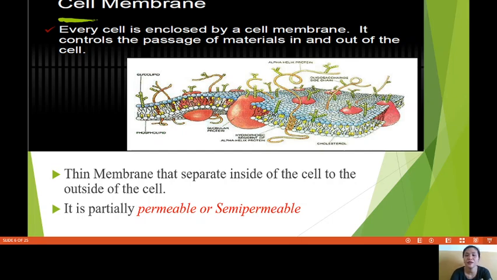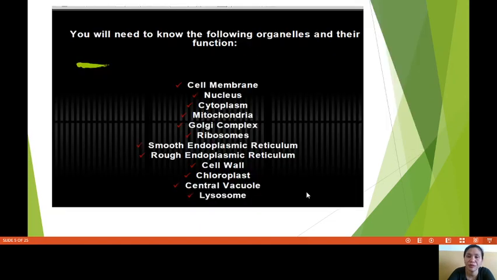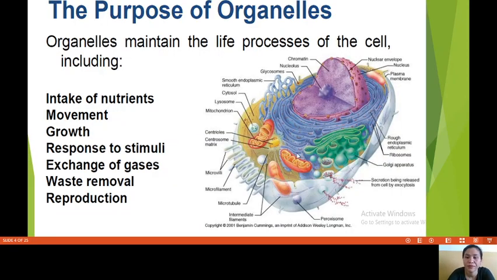Again, this cell membrane covers the cell, meaning it encloses the cell or protects the cell and separates the inside of the cell from the outside of the cell. Again, let's go to the photo. This is the inside of the cell, this is the outside of the cell.